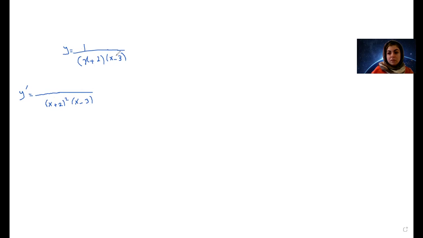Derivative of that, I use the product rule. The derivative of the first multiplied by the second without any change, so it's going to be x minus 3, plus now the derivative of the second one to the first one without change. The derivative of the second one is 1, so it's just x plus 2.